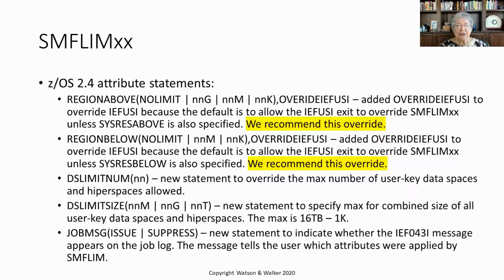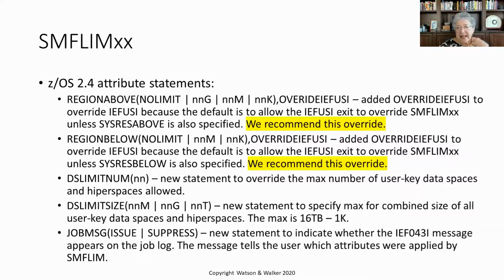And then in 2.4, they added a new one, there was a parameter called REGION ABOVE that says, what is the maximum size of the region above the line? We could say no limit or specify a number of gig or meg or K. But the IEFUSI exit overrode that parameter.